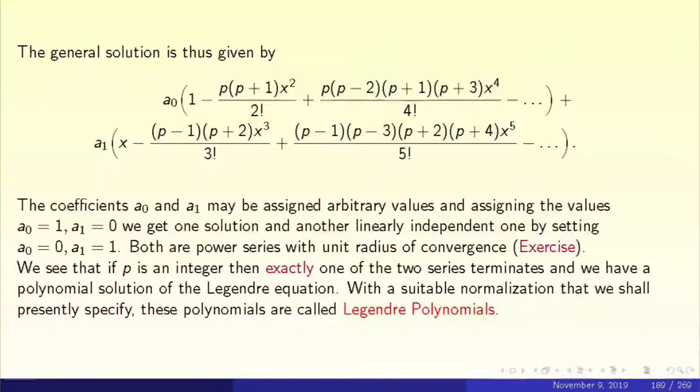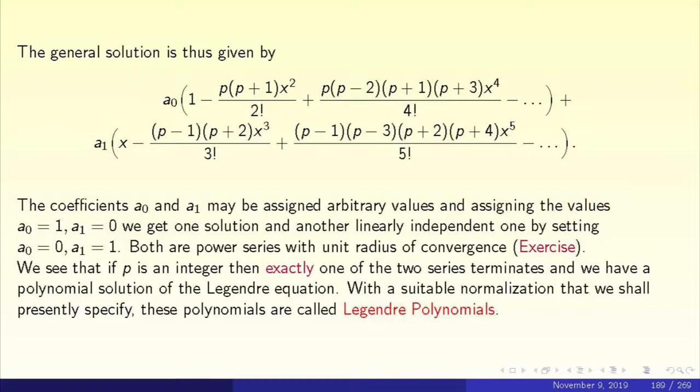Similarly, when P is 5, it will terminate after the x to the power 5 term. If P is 2, what happens? Let us look at the case when P is 2. Look at A0: A0 into 1 minus P into (P plus 1) upon 2 factorial x squared, plus the rest of the things will be 0 because every one of them will involve a P minus 2.